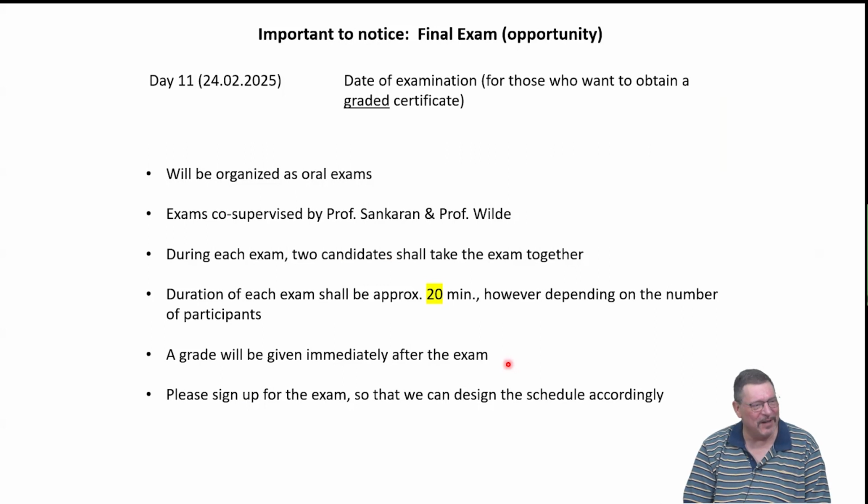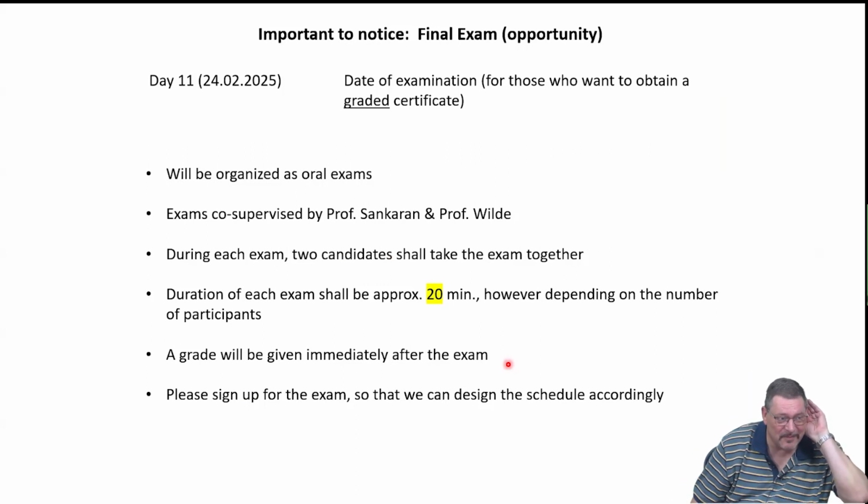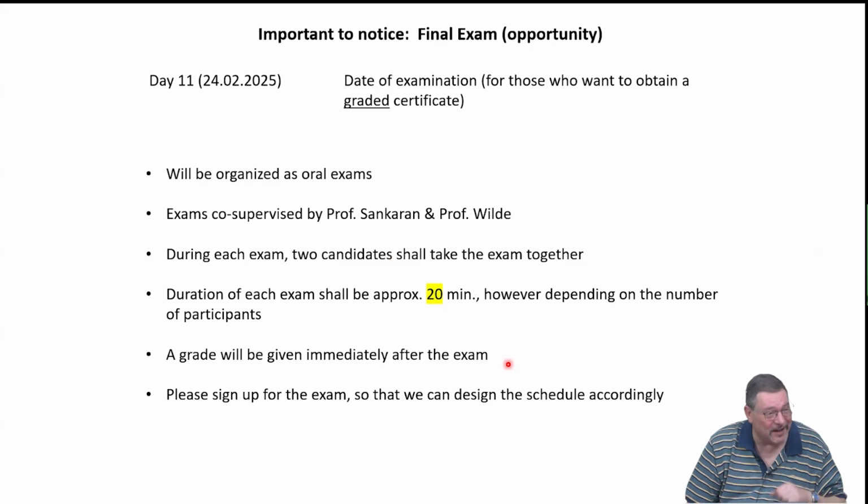Professor Shankaran and I have already discussed that we will sit together and then we will just have a discussion. This is like the way I do my oral exams back home. I will just sit individually with the students, and there is somebody who also takes notes and who maybe helps us if we don't understand each other immediately, so that we have something like a 30-minute discussion with questions and answers.